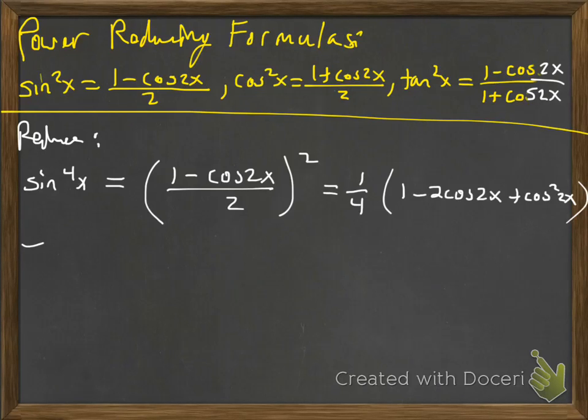And then we get to do the power reducing formula for cosine squared of 2x. So then where the 2x is in the argument, that'll become a 4x, because it's just double that angle there. So it's going to be 1/4 times 1 minus 2 cosine of 2x plus 1 plus cosine, not 2x, but 2 times the angle, so 4x, all over 2.